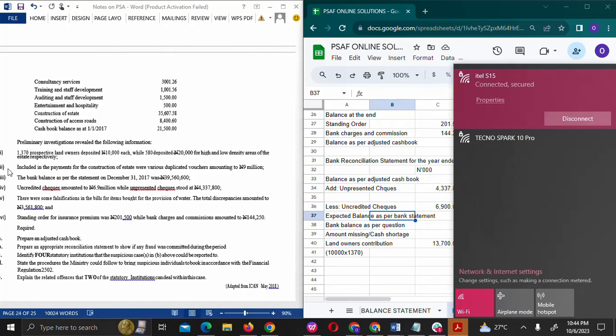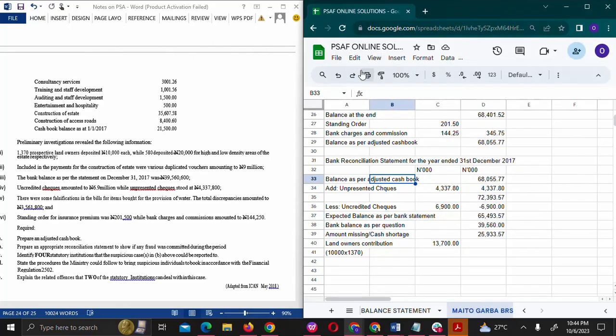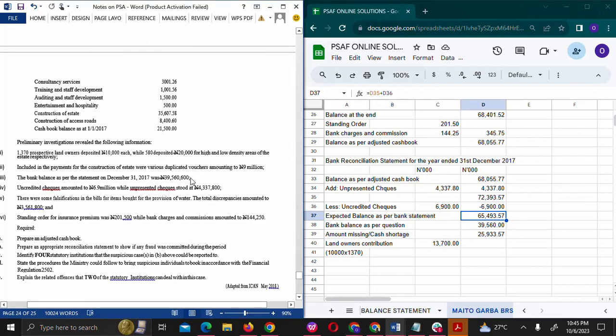Okay, good. So let me just start from this. For my bank reconciliation statement, what I did was get my balance as per adjusted cash book, 68,055.77. Then I added unpresented checks of 4,337.80. Then deducted the uncredited checks. The amount I got was supposed to be my balance as per bank statement, right? But now in the question, they told us that the bank balance was 39,560.6.